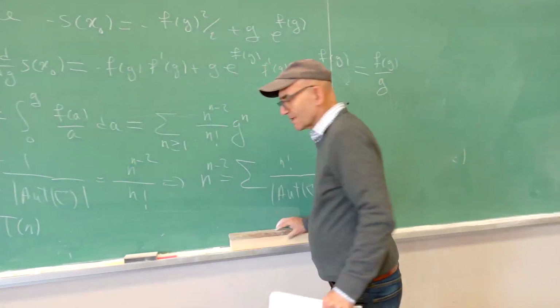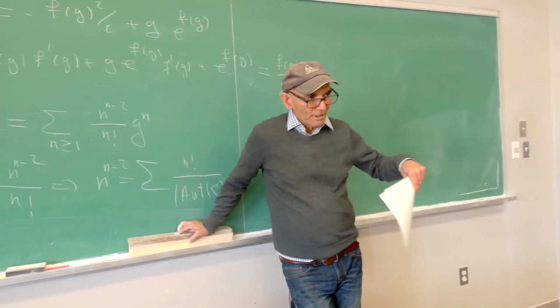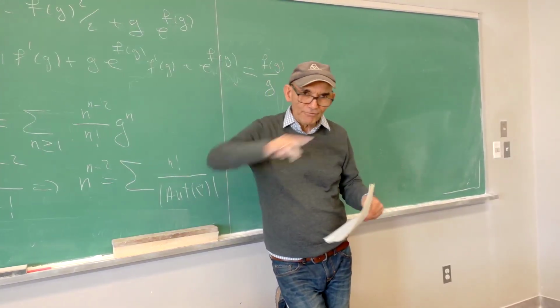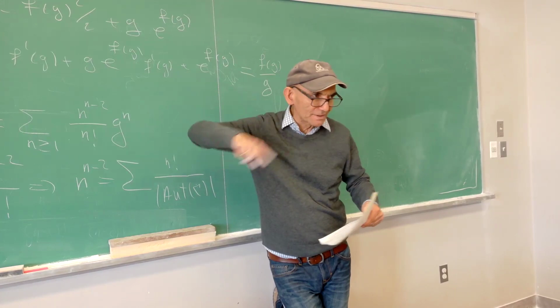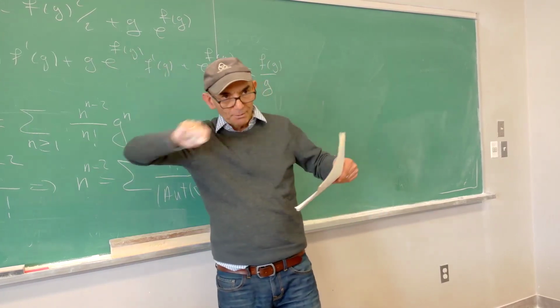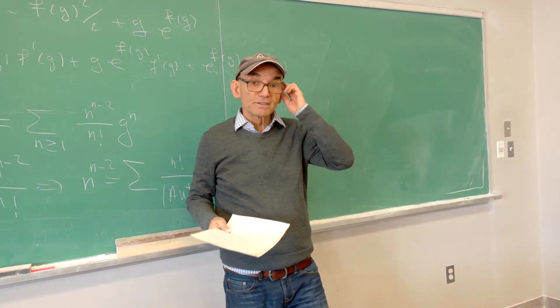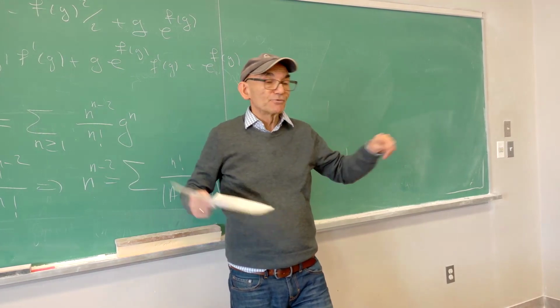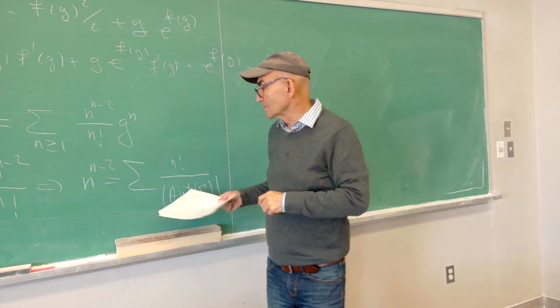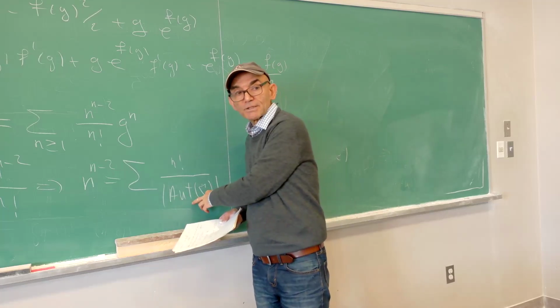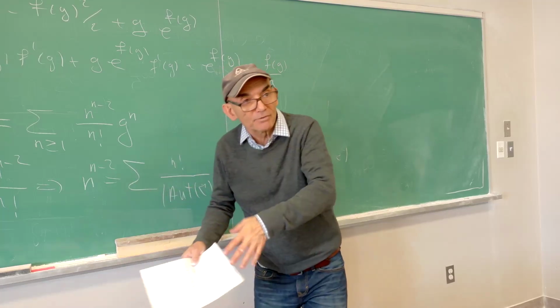Now, how can you label an unlabeled tree with n vertices? There are n factorial choices of labels, but not all of them will give you different labeled trees. If two labelings differ by an automorphism, you get the same labeled tree.